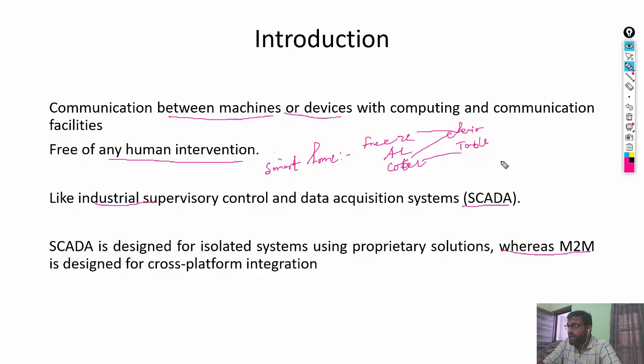Suppose elderly people are living in a smart home. In 99% of cases, the majority of elderly people have walking problems.